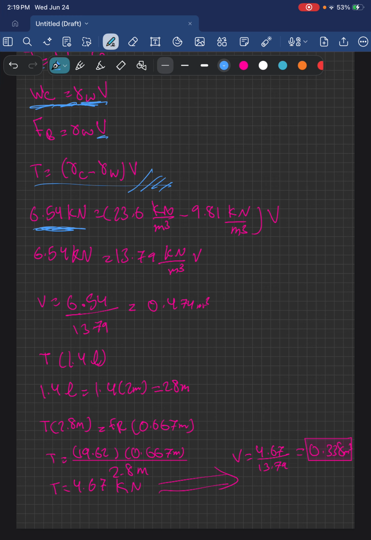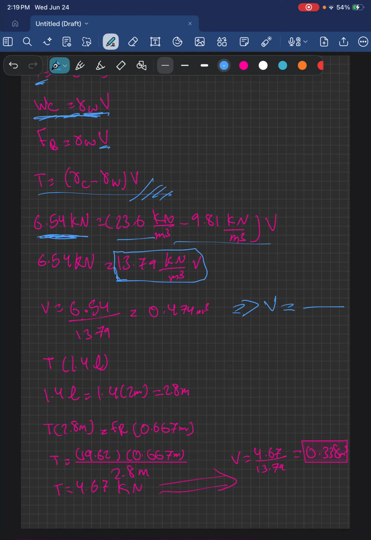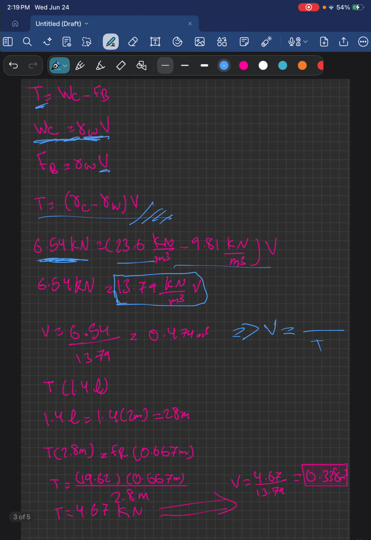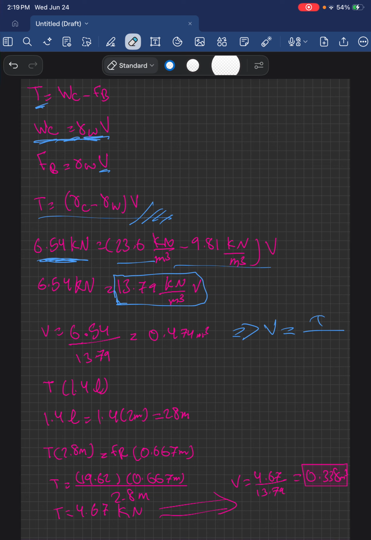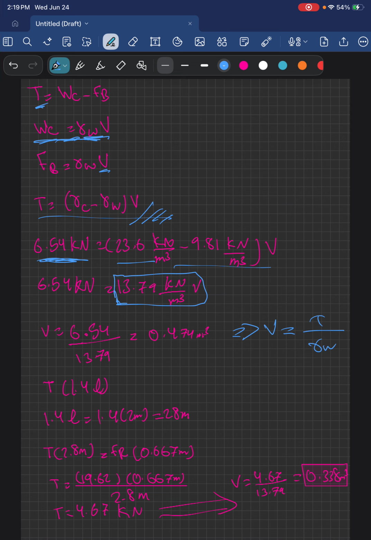So for this it is just plug and chug. Just go ahead and plug everything in and chug it, and then you'll get something like this. And after that, you would have volume, which is equal to, I believe, T over gamma water.